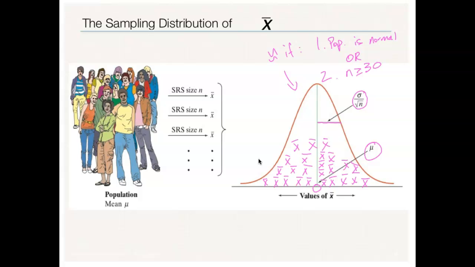I'm being meticulous about this because I want to make sure you understand that all that's under here is a bunch of sample means. Okay.